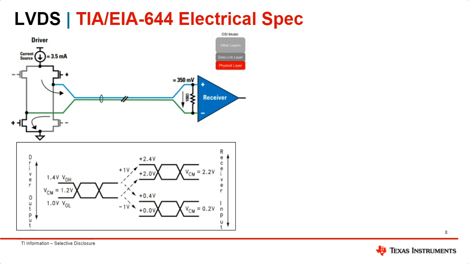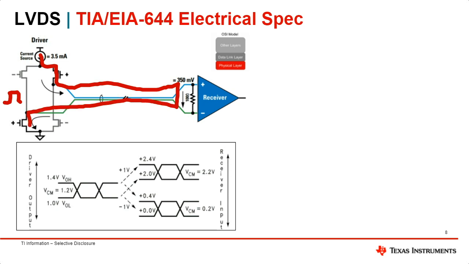And so if I can annotate on here, if you have a logic high at the input, that will cause current to flow in this direction through the 100 ohm termination resistor and then back to ground.